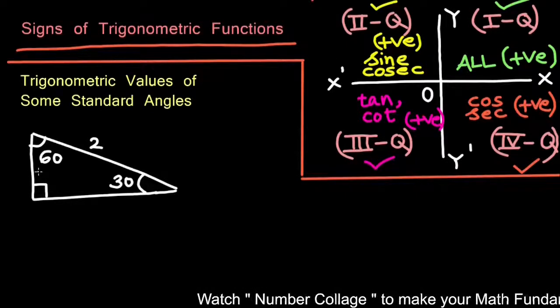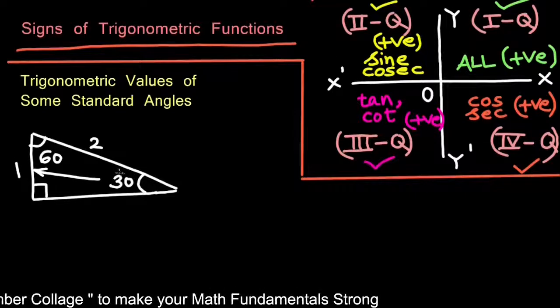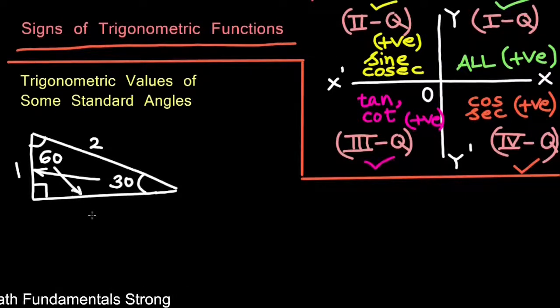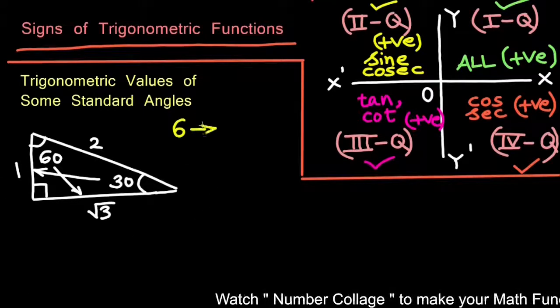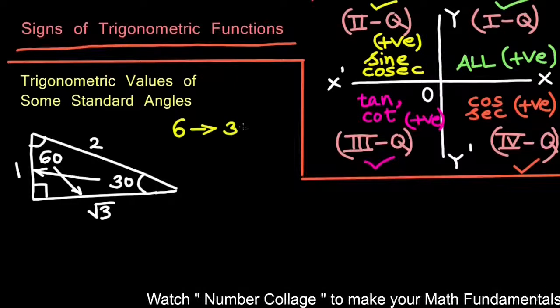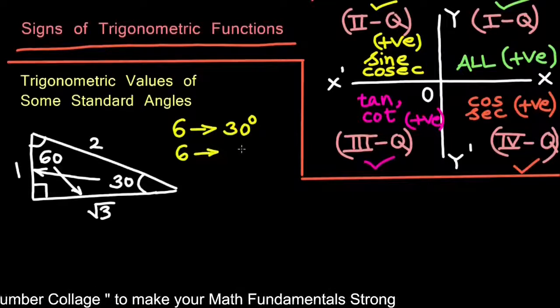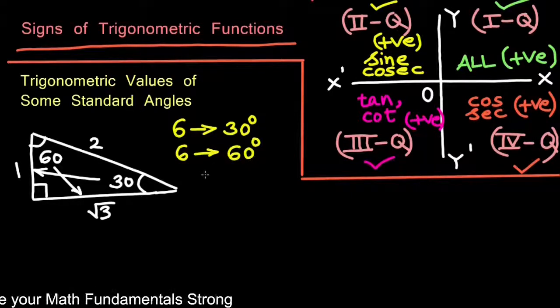Then assign a value of 1 to the side opposite to 30 degrees and assign a value of root 3 to the side opposite to angle 60 degrees. From this triangle alone, you will get 6 trigonometric values of angle 30 degrees and 6 trigonometric values of angle 60 degrees, provided you know the basic definitions of trigonometric ratios.